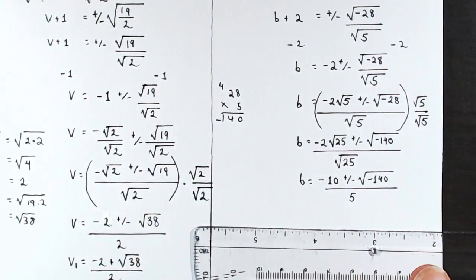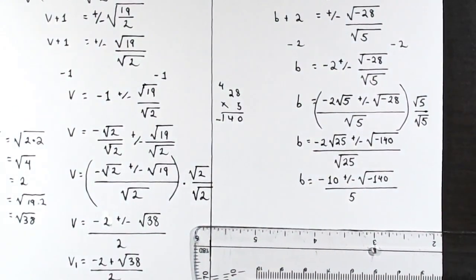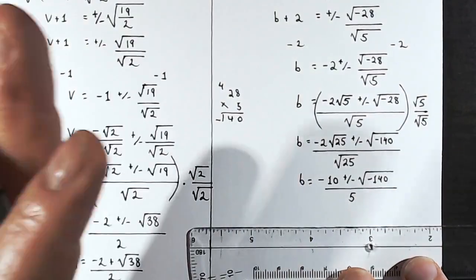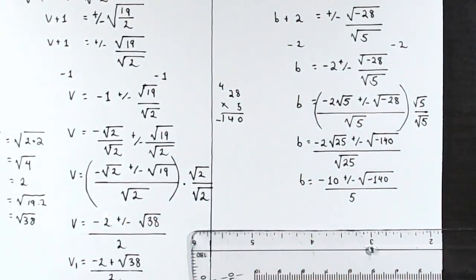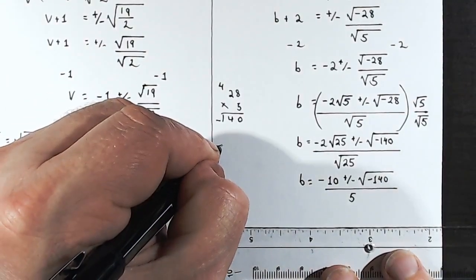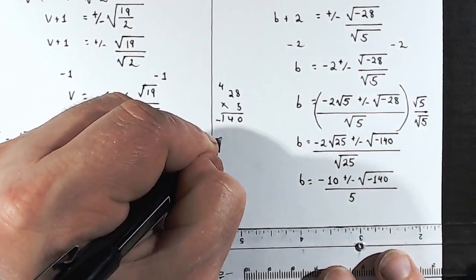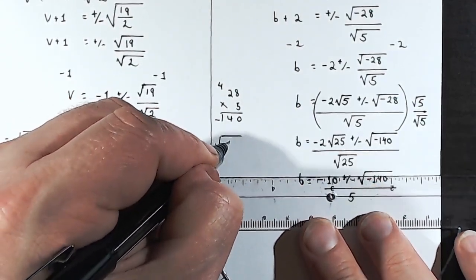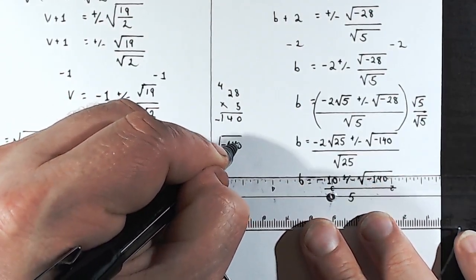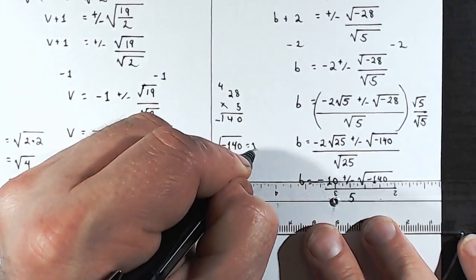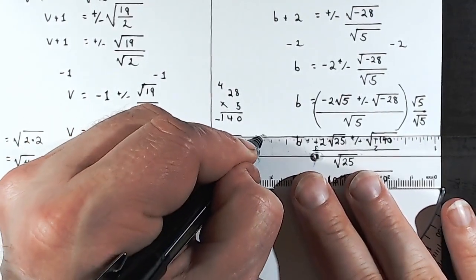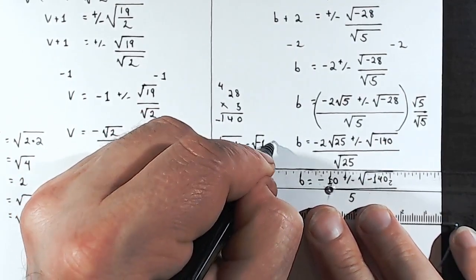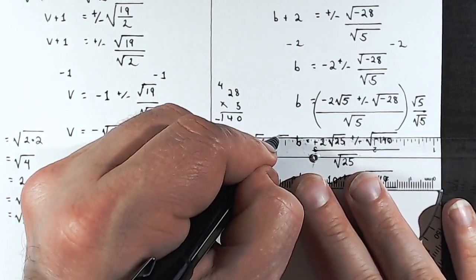Okay. Now, what do we do with the square root of negative 140? Well, first of all, we're going to rewrite it as the square root of negative 1. So you can rewrite the square root of negative 140 as equal to the square root of negative 1 times the square root of 140.